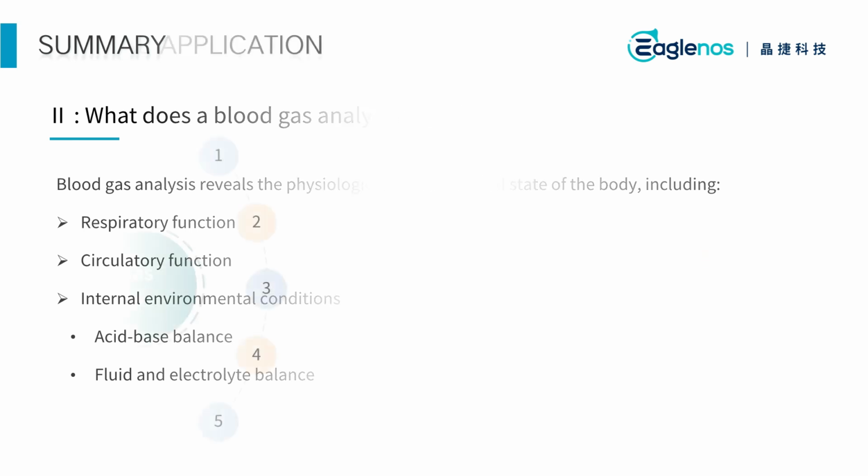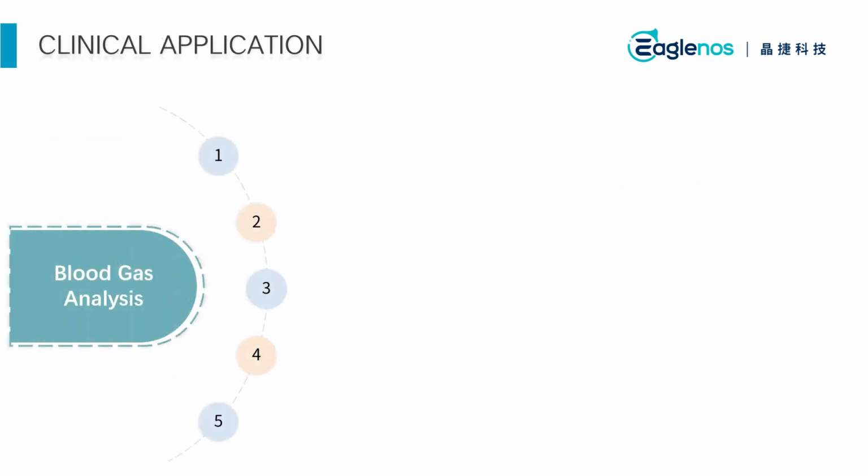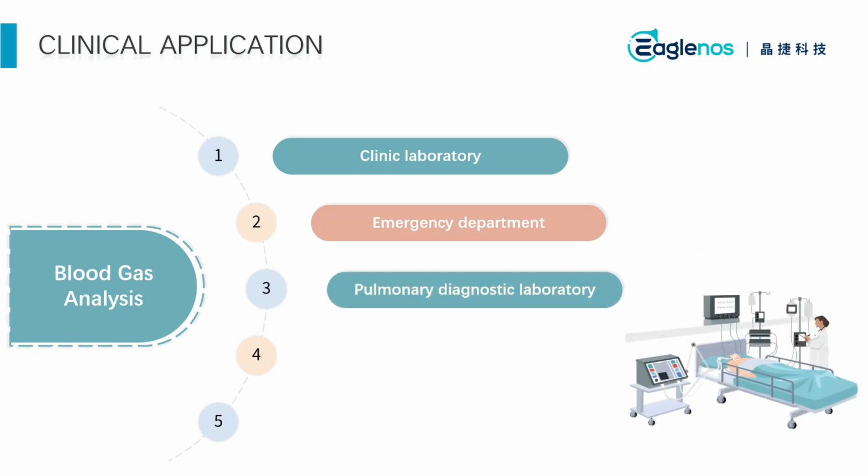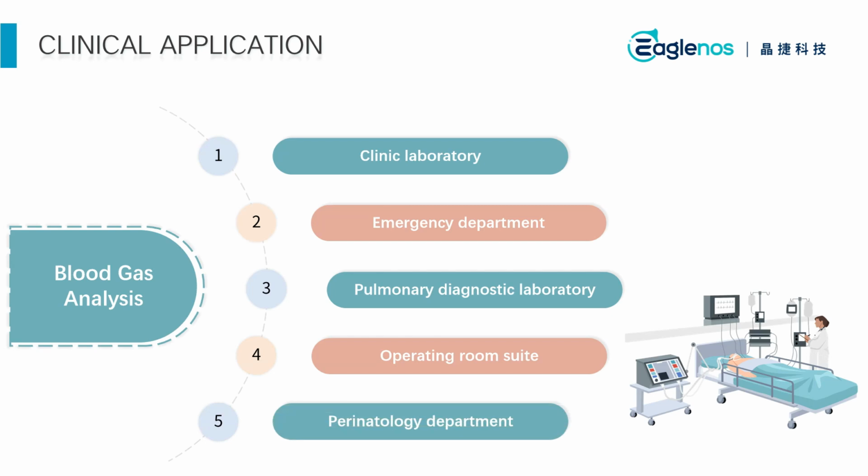Blood gas analysis should be performed by trained individuals in a variety of settings, including, but not limited to, hospital laboratory, hospital emergency department, patient care area, clinic laboratory, laboratory in physician's office, intrafacility critical care transport, pulmonary diagnostic laboratory, operating room suite, cardiac catheterization laboratory, perinatology department. Its application across these diverse clinical environments underscores its importance in modern healthcare.